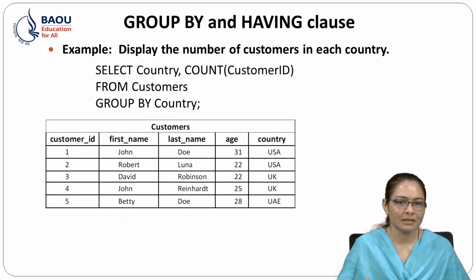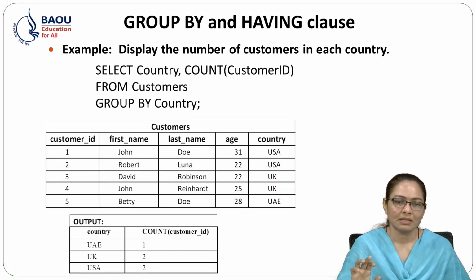Here in the example the customer table has customer ID, customer first name, last name, age and country. Here we display the number of customers in each country. So we write select country, comma, count.